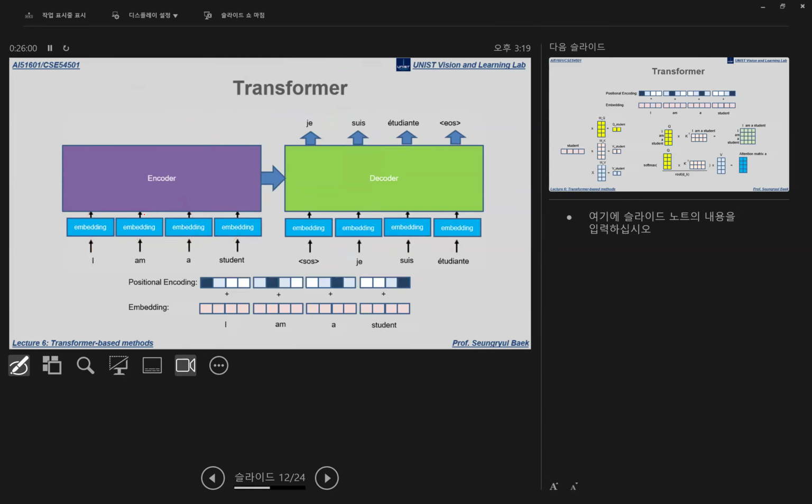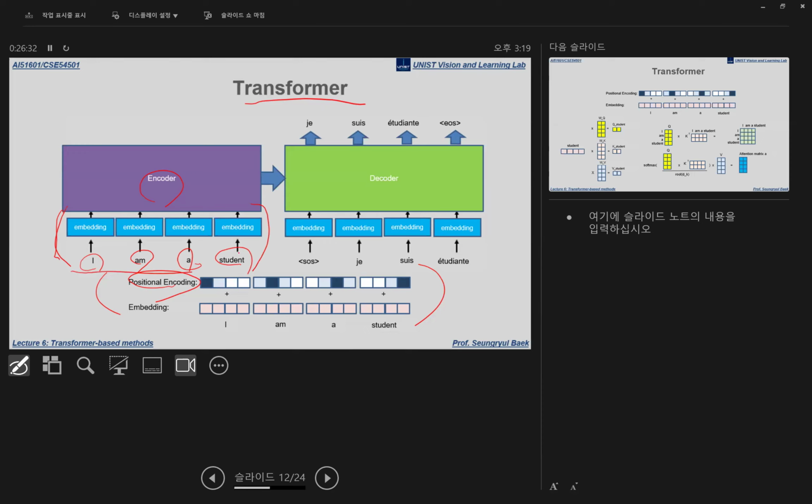Okay, that's the transformer. And the other thing you have to remember is that in the transformer, we use positional encoding. Okay? So, in this figure, there are orders. So it seems like we input I first, am later, and a next, student next. But in reality, it is not.